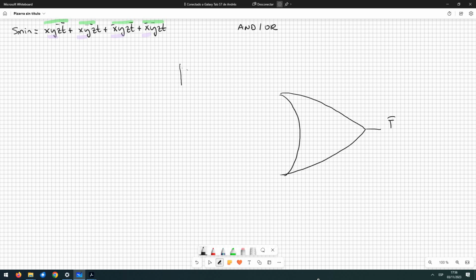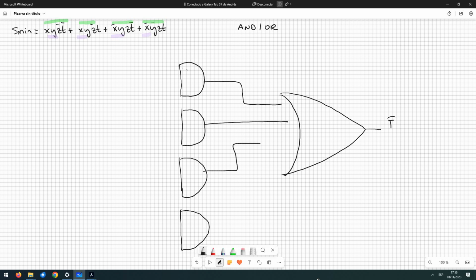So for example, and now we have to build the products. So x, y, c, and t.